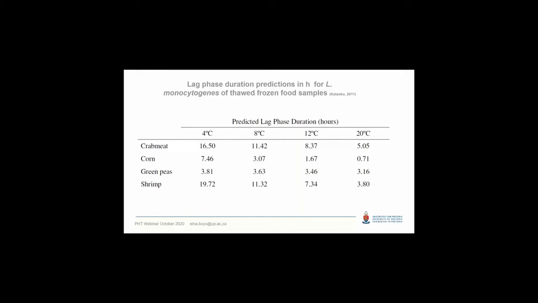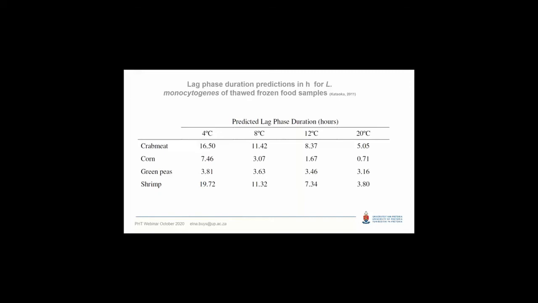And it just shows the predicted lag phase in hours for Listeria monocytogenes, and I couldn't really find anything in terms of actual experimental data, but modeling is used in the industry to give us predictive value.